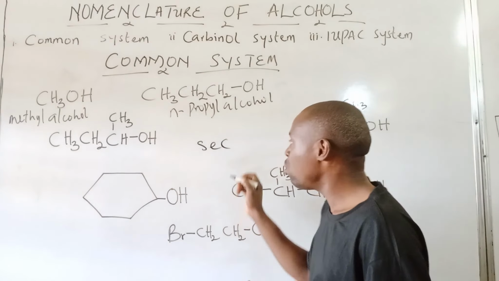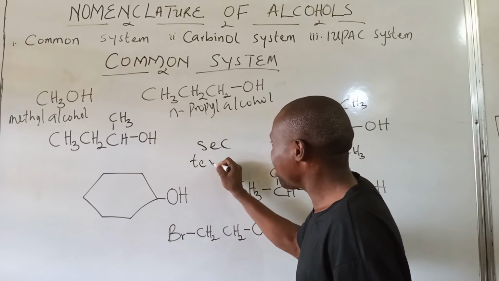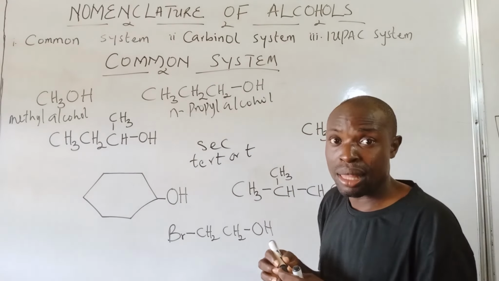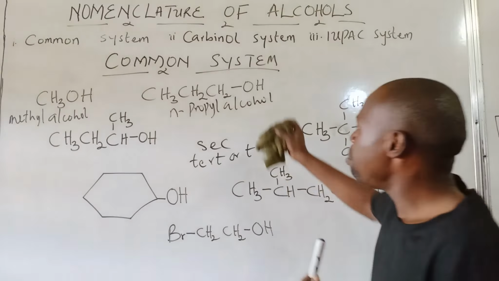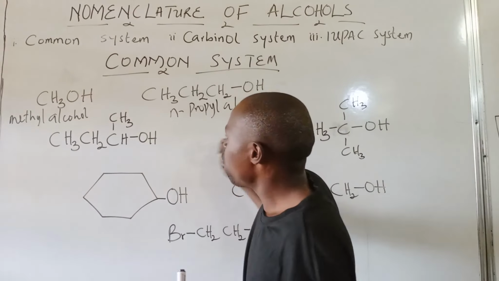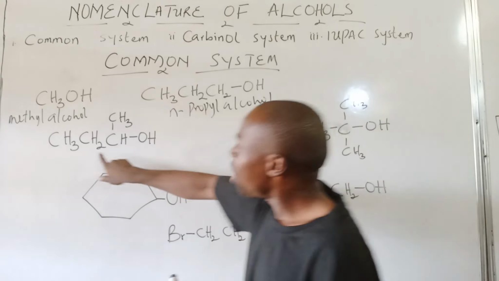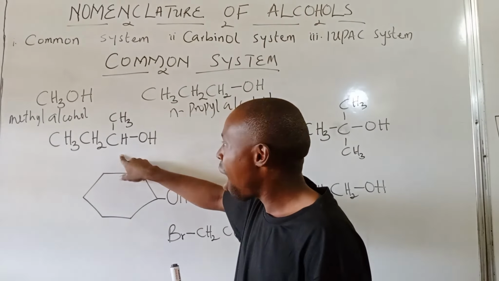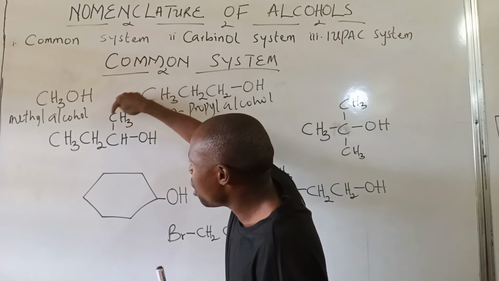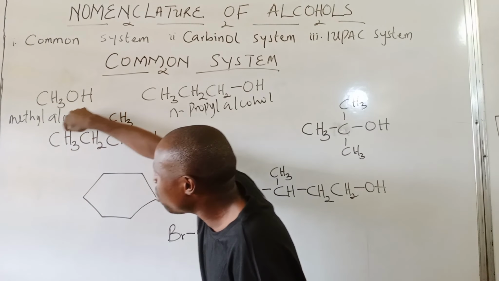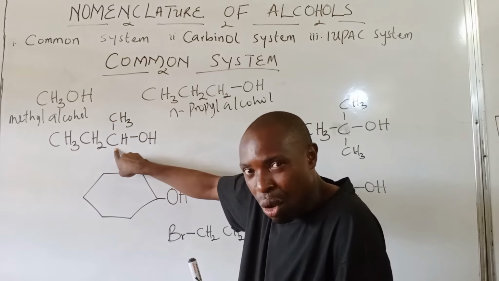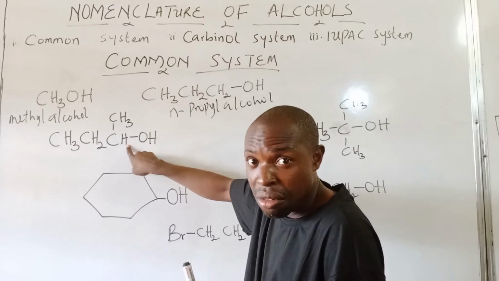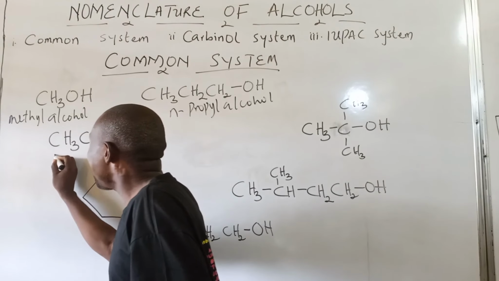In the case of tertiary, we use either tert, which means tertiary, or we use t, as the case may be. We continue. If you look at this alcohol here, it is a secondary alcohol. This is the first alkyl group, this is the second alkyl group attached to the carbon carrying the hydroxy group, left with one hydrogen atom here.